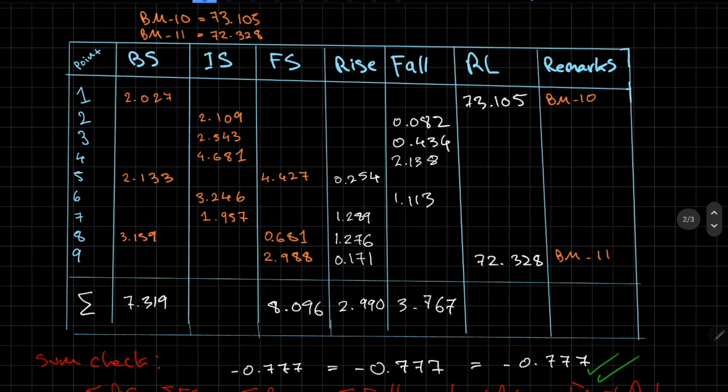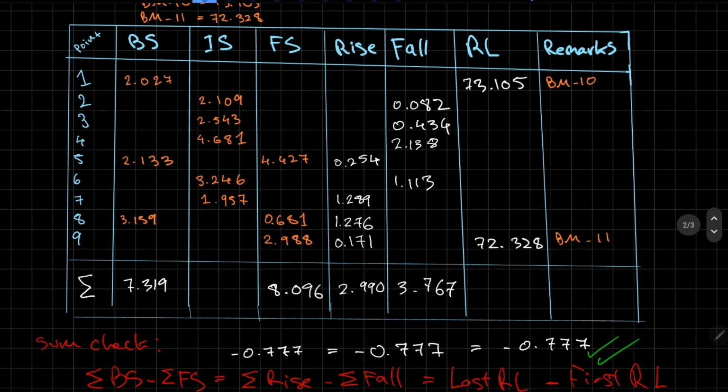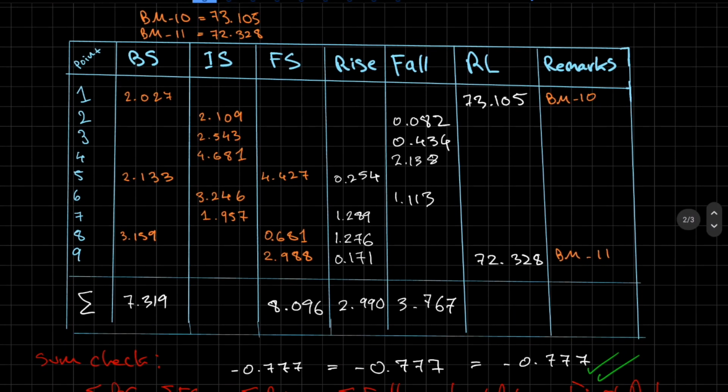Now we can move on to the next procedure, which is calculating the reduced level. This step is actually very easy, because all you need to do is add this to this. If it's a fall, you have to minus it, but if it's a rise, you need to add it.